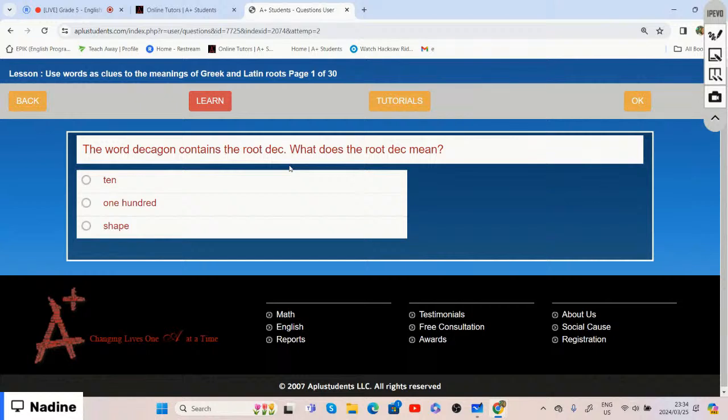Or is it to do with a shape? So the word decagon contains the root dec. Does the root dec mean 10, 100, or is it a shape?